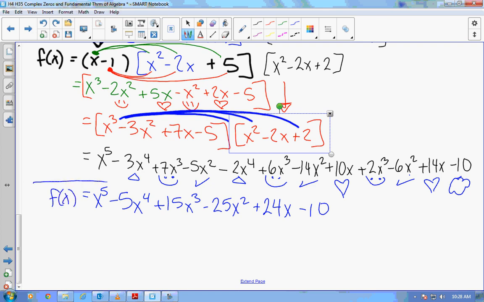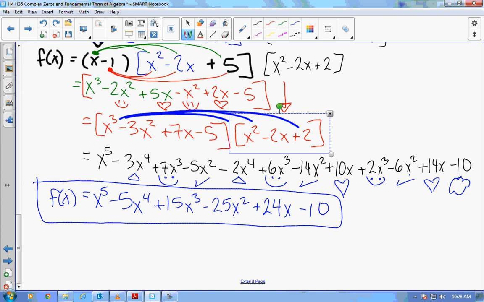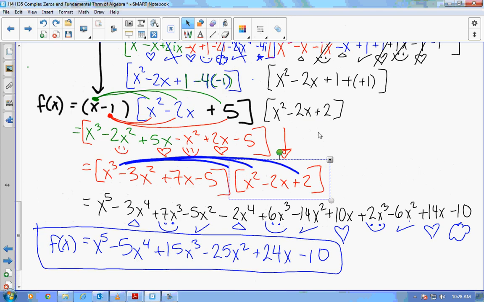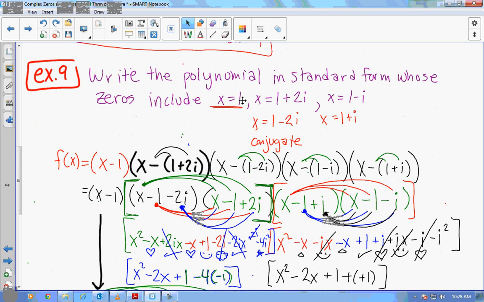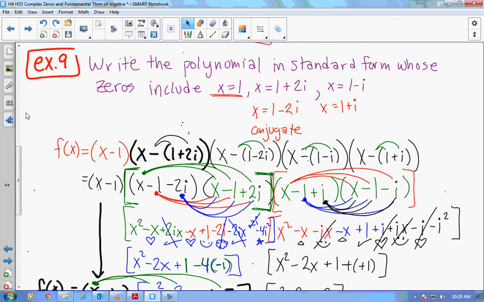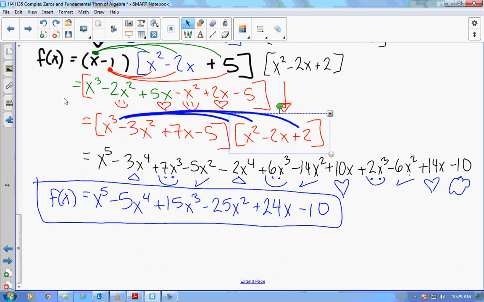And now if we graph this, none of our roots were repeated, so we should see 5 changes in direction. I think only one of them was real, right? Let's look at the back of the top. Only one of them was real, which means we only have one that actually crosses the x-axis. So we're going to grab our calculators, go to y equals, and carefully type this in.